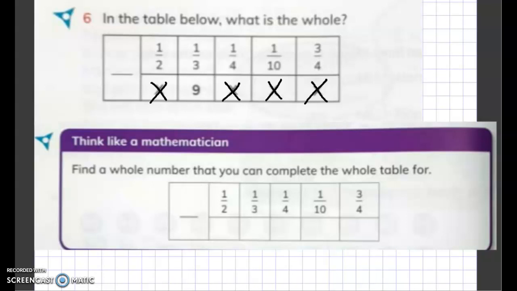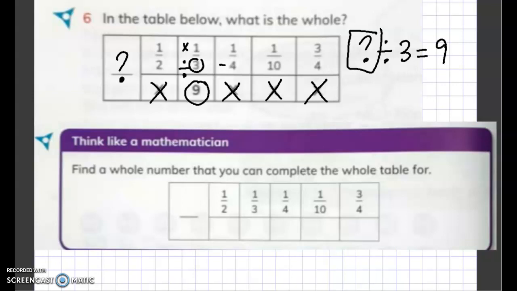But we know that something divided by a 3 gives you a 9. Because it's a 1 up there, right? So something divided by 3 times a 1, you still get back the 9. So what divided by 3 gives you a 9?